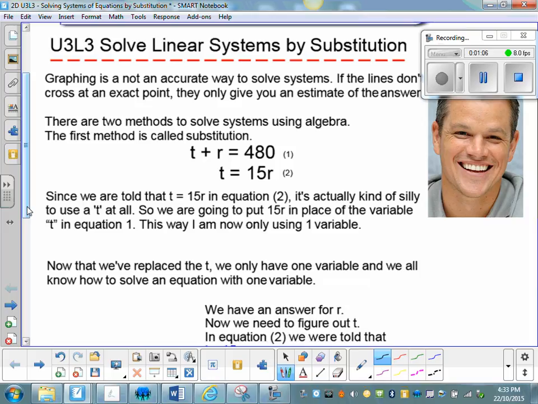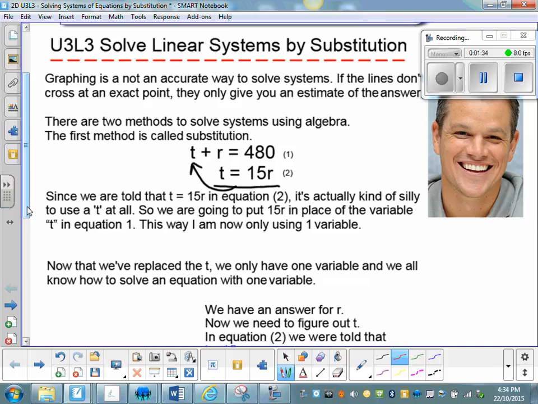So we've got our two equations here, and we're trying to solve for t and r in these two equations. And the nice thing is that in equation 2, we're actually told what t is equal to. So what's nice is that we can take that t equals 15r and put it into equation 1 where the t is.